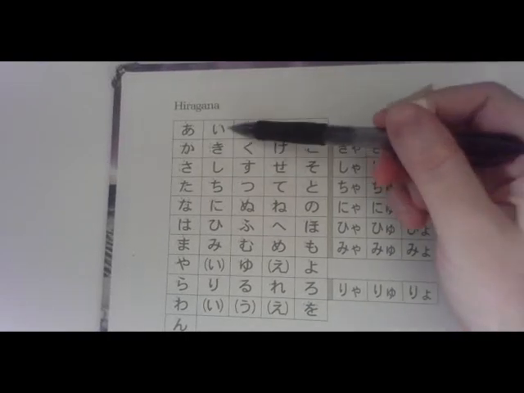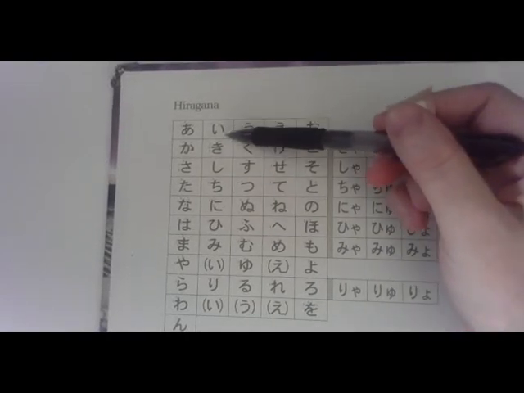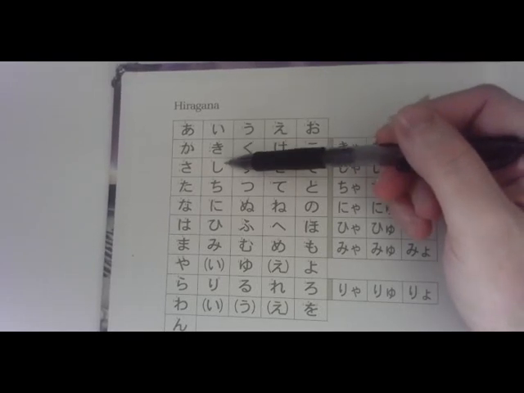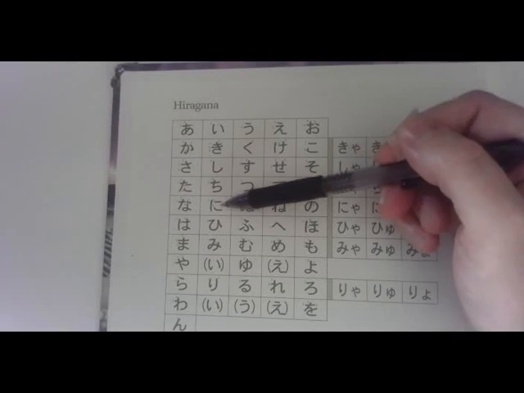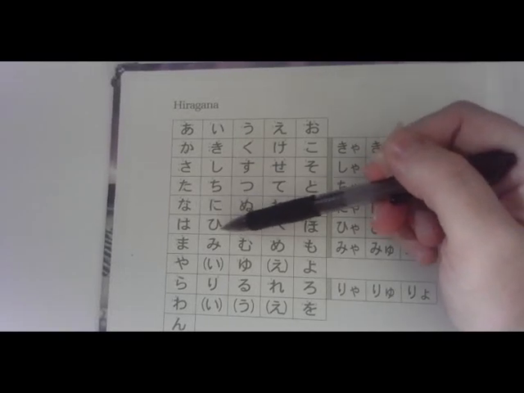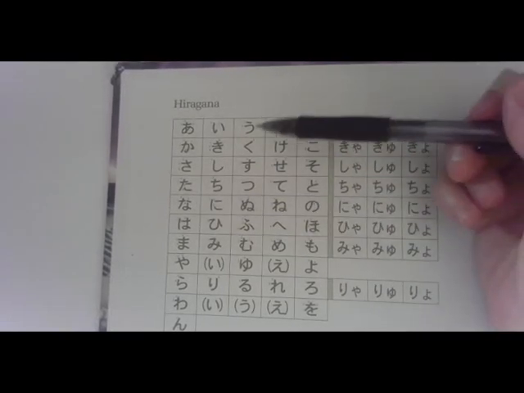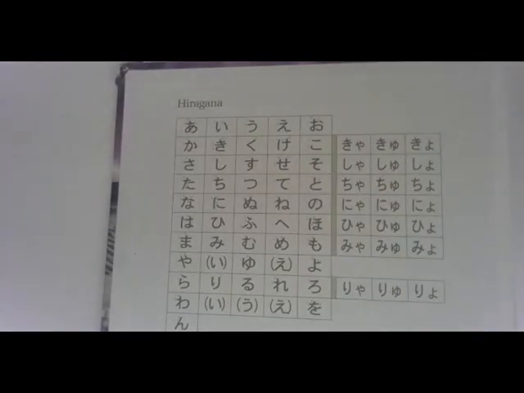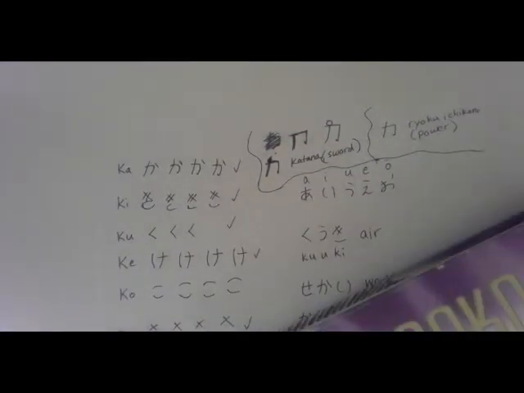And then this one is all the e sounds. So here we have ki, and then it goes to shi, chi, ni, hi, mi, and so on. So that's the pattern to the hiragana chart. So I'm going to put that away.